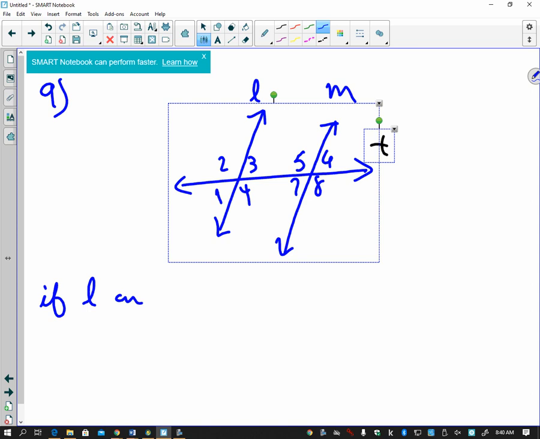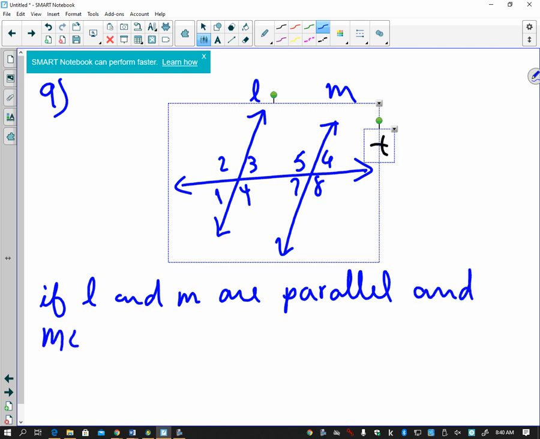If L and M are parallel, and measure angle 1 equals 65 degrees, what is measure angle 5? Angle 1 is 65 degrees.